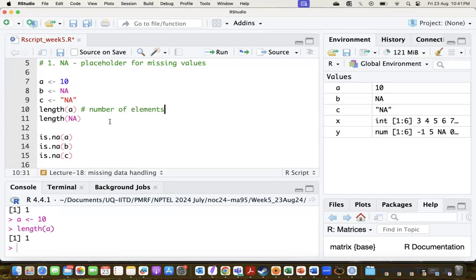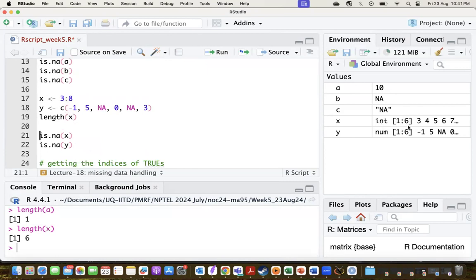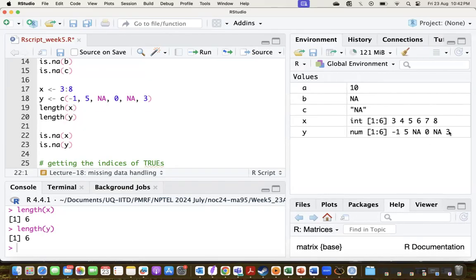So if here I write length of x, you can see that's going to be 6. Likewise, if I write 3 to 8, that's 3, 4, 5, 6, 7, 8, so that's 6 elements. And the length of y also, since you can see there are 6 elements here, including NAs, is still 6 elements.